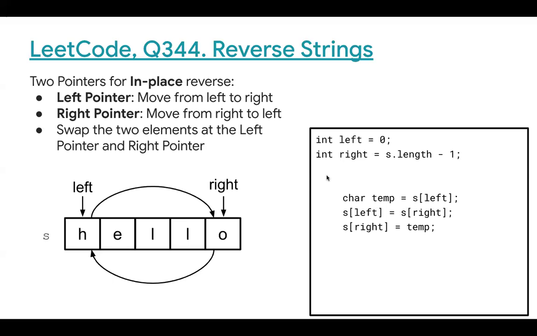We swap them. I hope every one of you knows the code snippet for swapping 2 values. We will need another variable for doing that. So here, as you can see, I create another variable called temp. Then we simply assign one value to temp, and then we swap.